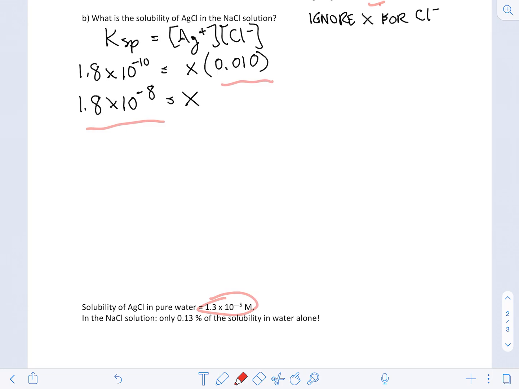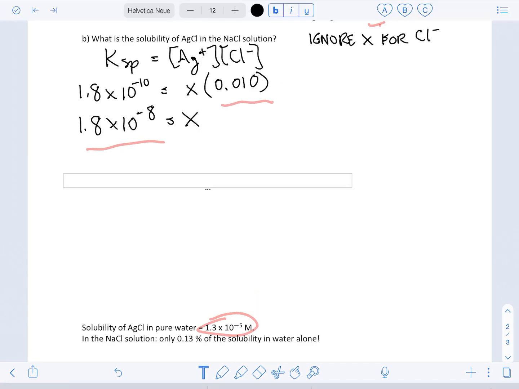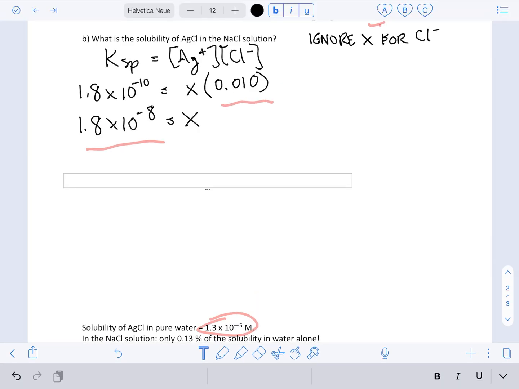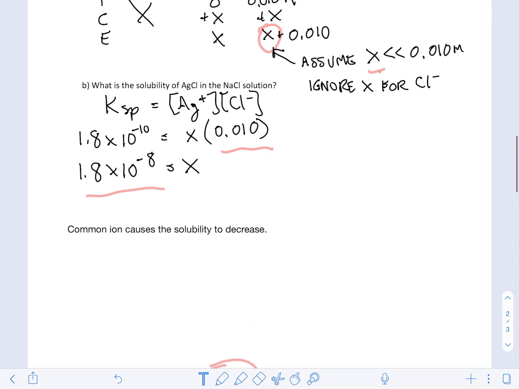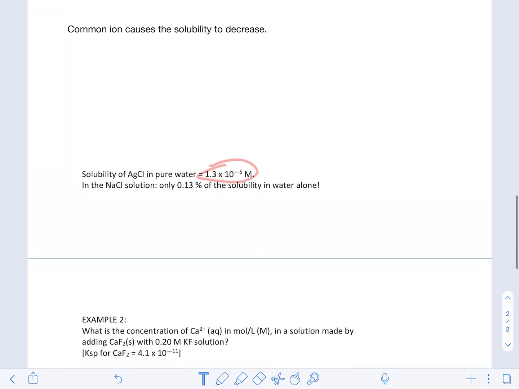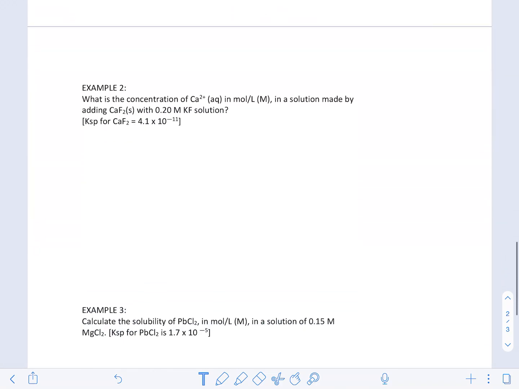So whenever you have the common ion effect, it's causing the solubility to decrease. I'm going to do one more problem with you, and then I'm going to let you try the last one on your own, and then I will share the answer key with you.